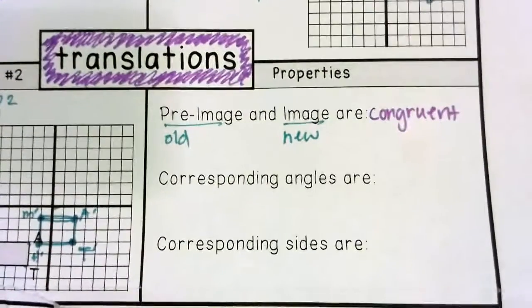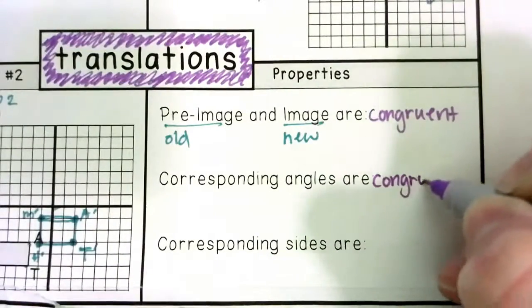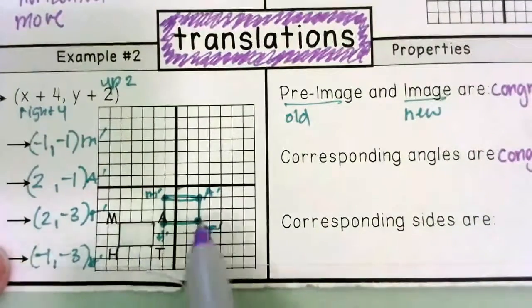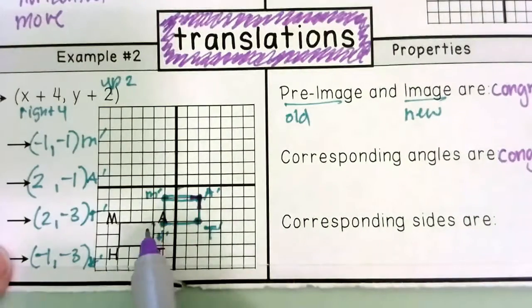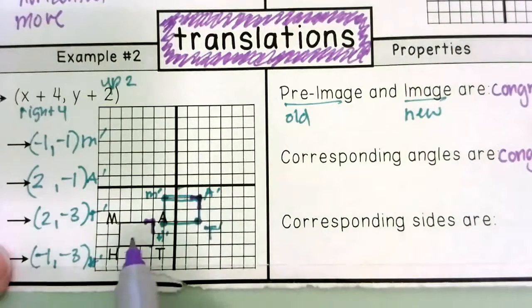Everything about them is the same. That means their corresponding angles are also congruent. Do you see how A prime is right here, and A is right here? Those would be corresponding. So is the angle A and the angle A prime the same? Yeah, it'll be like that for everything.